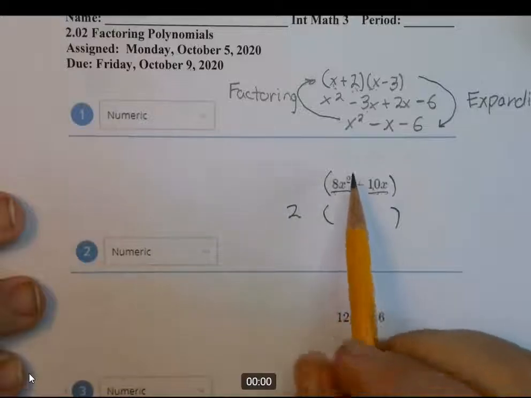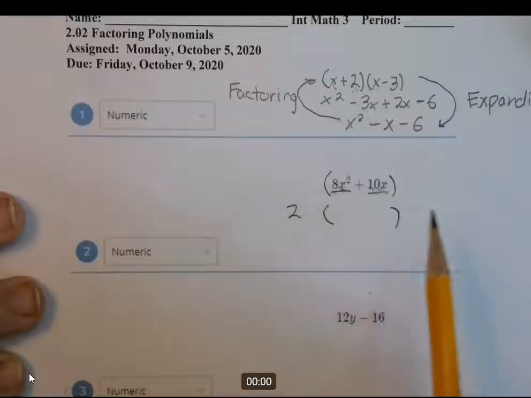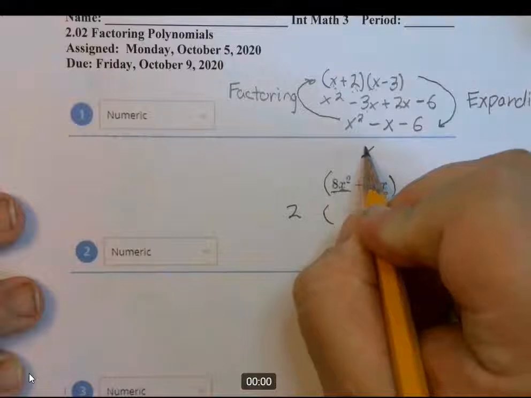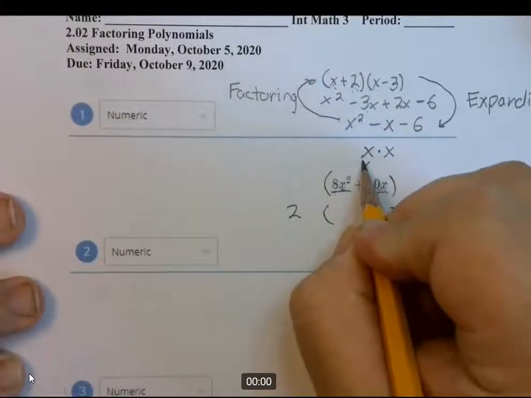So I brought a 2 out of here, a 2 out of here. Now, the other thing you want to do is bring out whatever you can from the variable. So here we have an x squared, and here we have an x. And you ask, what do those two have in common? What's the common number of x's that you could pull out? X squared is x times x. X is just x.